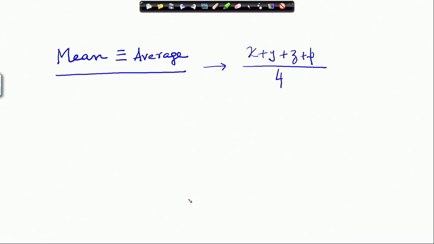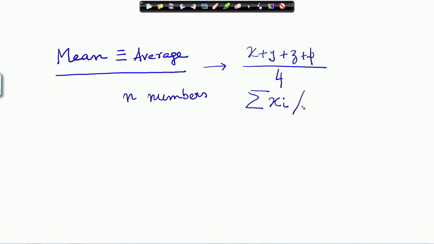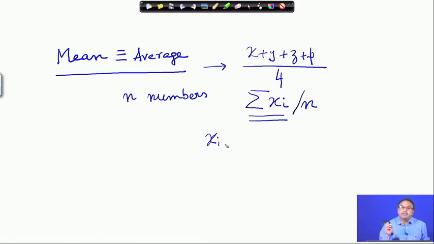Now, if there be n numbers, then we can write it as sigma xi by n. What does this mean? Xi is each number. So, x1 is one number, x2 is another number, x3 is another number, up to xn.